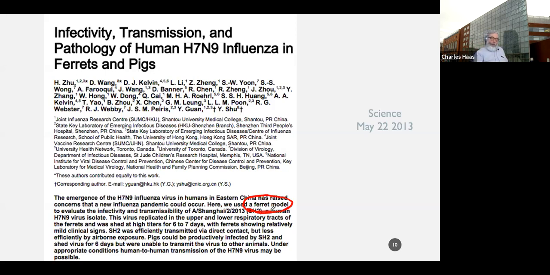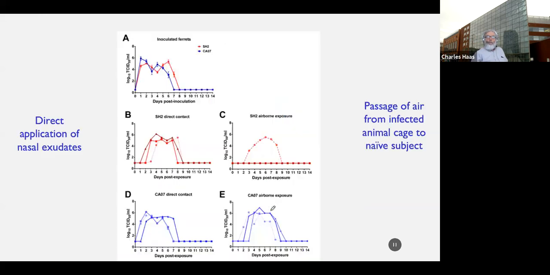And then with another group of ferrets, they were kept completely isolated except for an air connection between the cage of the first group and the second group. And that was to test whether or not aerosols could be generated from the infected ferrets that would result in an adverse outcome in the second group.